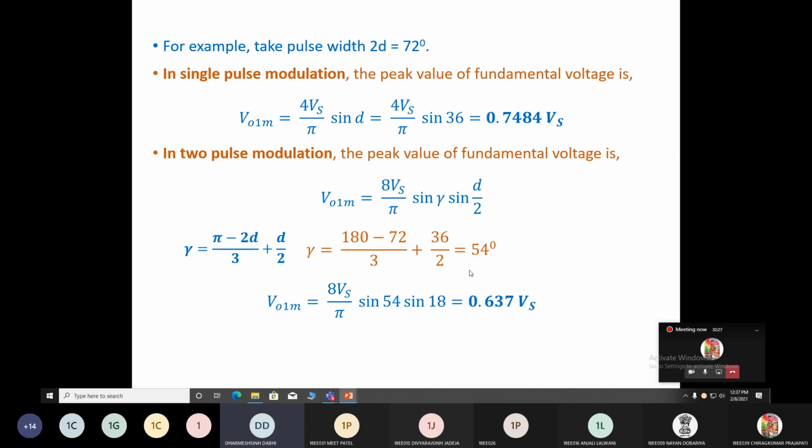It means you get less power at the output side of the inverter as you increase the number of pulses, like 2, 3, 4, 5 pulses. As you increase the number of pulses, the fundamental component magnitude decreases.